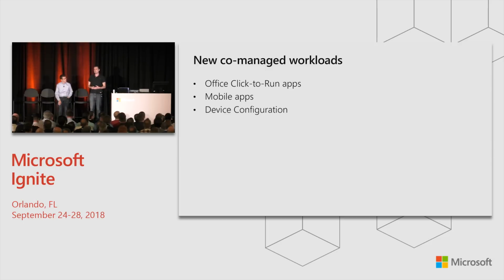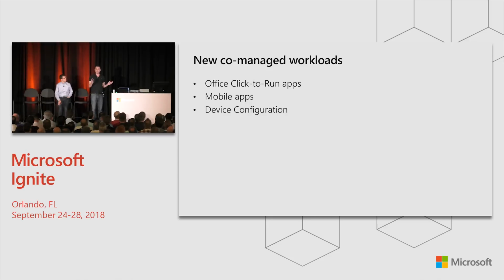And finally, we've added device configuration. And this, along with the mobile apps, is slightly different to all of the other workloads that we have as co-managed capabilities. In the other workloads, once you move that workload over to Intune, Intune becomes the management authority for that workload. So you start your administration only from Intune. For the mobile apps and the device configuration, you get that flexibility of being able to manage from both consoles.